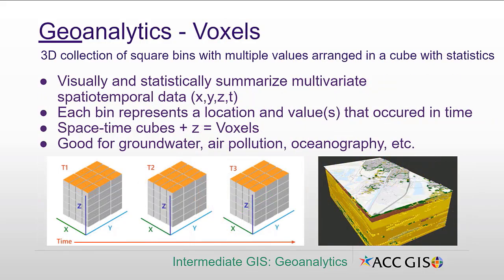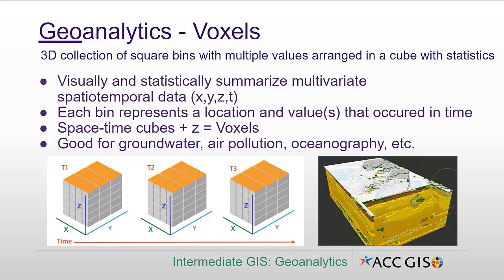The last type of basic geographic unit that we use for geoanalytics that I'd like to introduce to you are voxels. Voxels are a 3D collection of square bins with multiple values arranged in a cube with statistics. And so they visually and statistically summarize multivariate spatiotemporal data, which includes an X and Y location, a Z, which is another variable, which may be elevation, and T time.